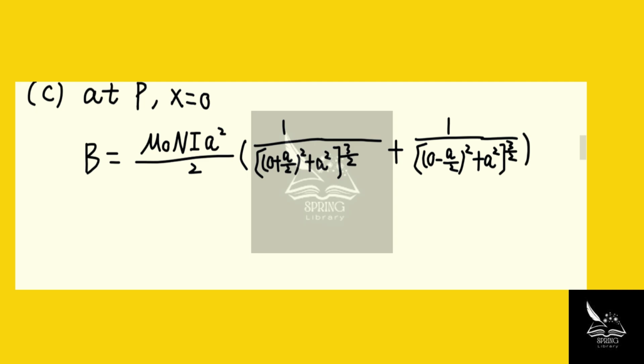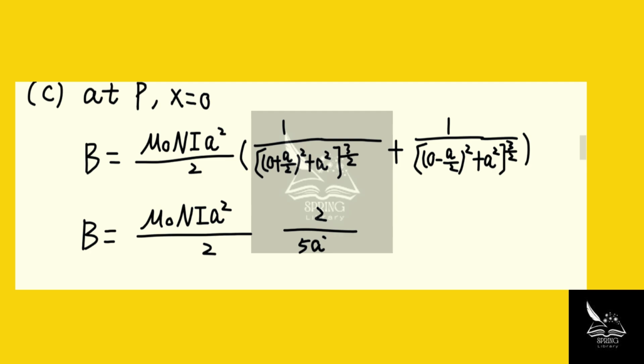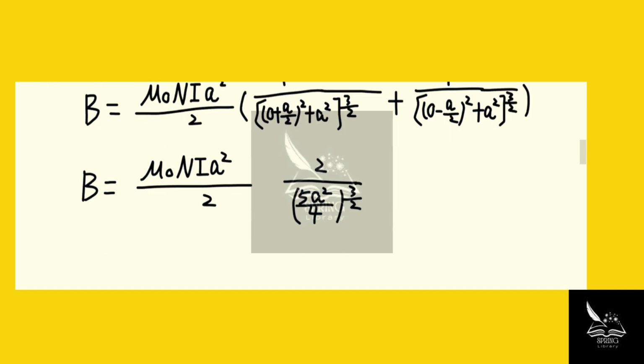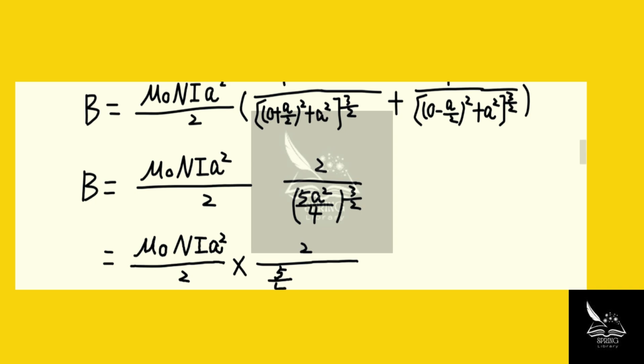And this will give us the magnetic field equal to mu 0 n I A squared over 2 times 2 over 5a squared over 4, and then to the power of 3 over 2, which will give us mu 0 n I A squared over 2 times 2 over 5 over 4 to the power of 3 over 2 times a cubed.